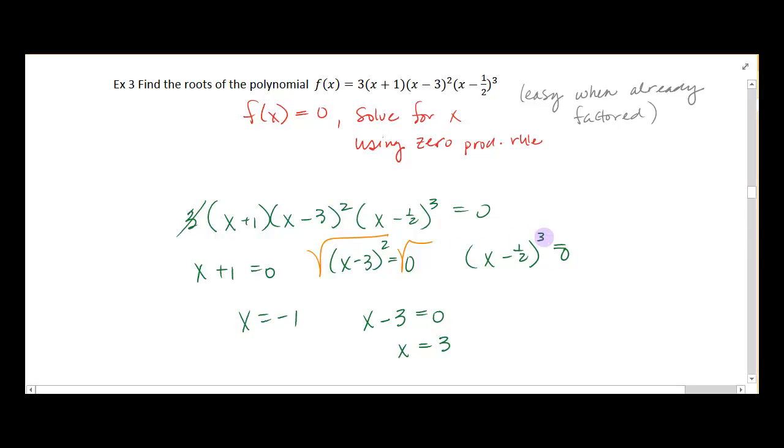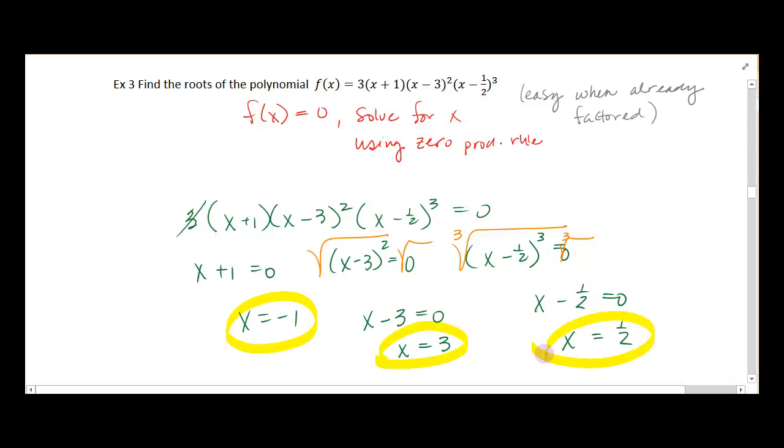If I am cubing a function, then I can take the cube root of both sides, which simply gives me what's inside of that set of parentheses, and I find out that x is equal to a positive 1/2. So what I found then is that I have roots occurring in this function at -1, positive 3, and positive 1/2.